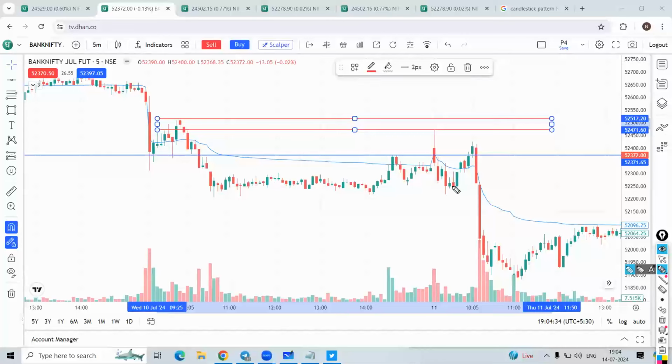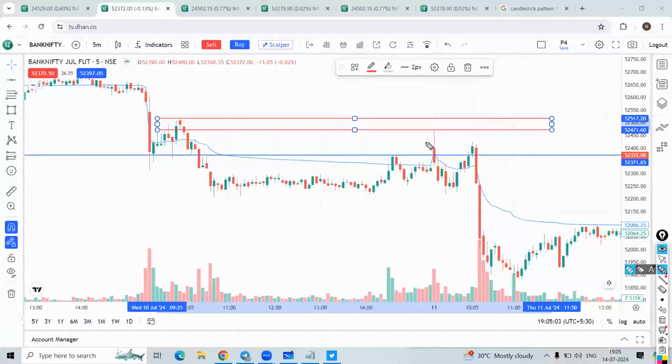What's happening? Price came down, coming down, bears control. Now just notice this. Price goes back to VWAP, getting a rejection. So here, price taking resistance. This is my plan getting ready.